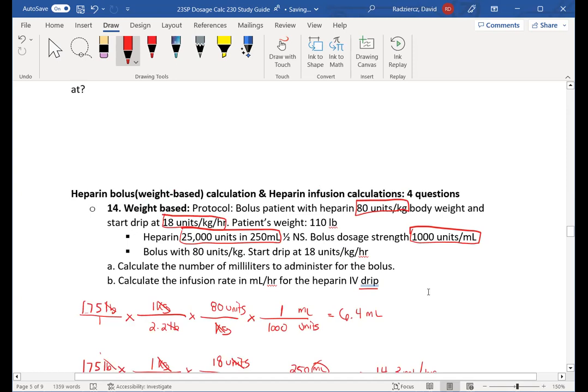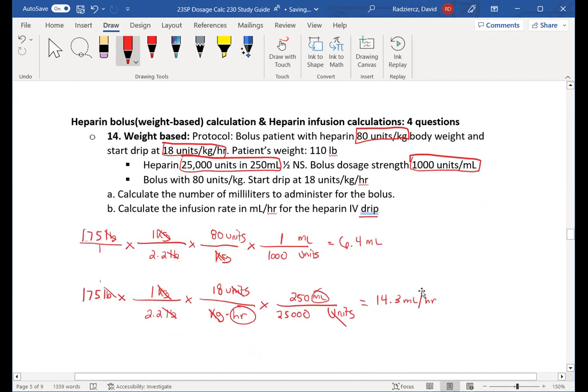So it's just a matter of converting the patient's weight from pounds to kilograms, and then multiplying by the bolus dosage strength, and then converting that bolus dosage strength in units to milliliters. And then the same thing for the IV. The infusion is converting units per hour to milliliters per hour.